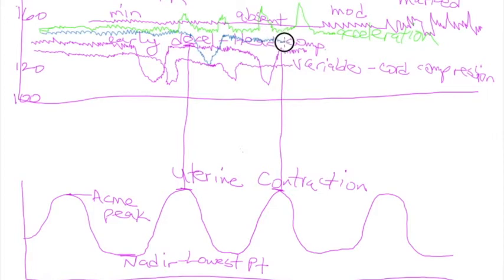And this one, we've reached our acme point and fetal bradycardia decels again. So these are lates. Late decels are problematic, so there is a problem somewhere. In this case, most of the time is placental issues.